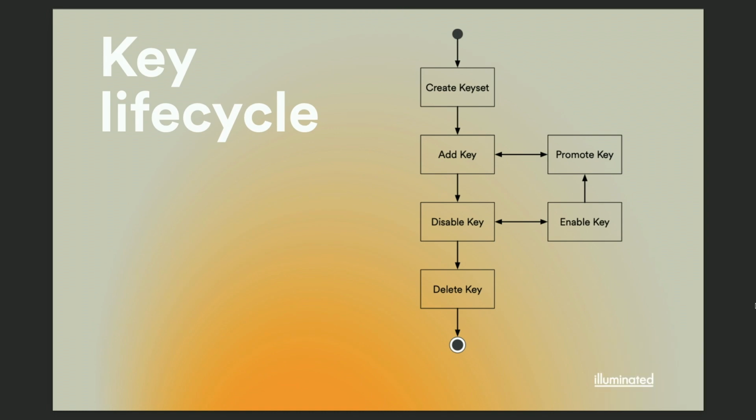So within a key set, keys have a life cycle, and the key sets have a life cycle. You create an initial key set, and it has this one key in it, and then if you want to move to a new algorithm or rotate your keys, you can add a key, and then at some point you can promote that key to become the new primary key in your key set. The reason those are two separate operations is there's often a step in between where, let's say you're signing OpenID Connect ID tokens, you add a new key, say an elliptic curve public-private key pair.